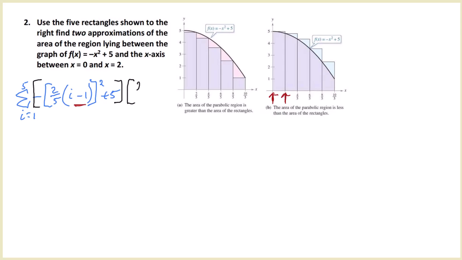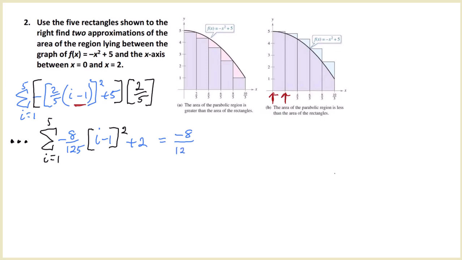And so then I'm just going to do a little bit of this. There's my delta x. I skipped some steps here. They're going to be very similar to what we did at first. But notice what's being squared. The i minus 1 is being squared along with the 2/5.